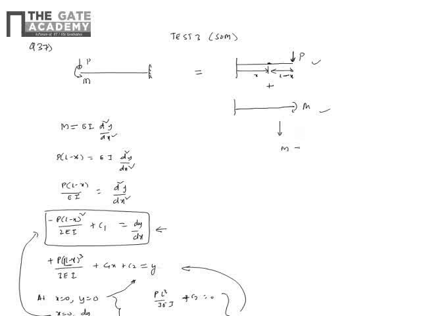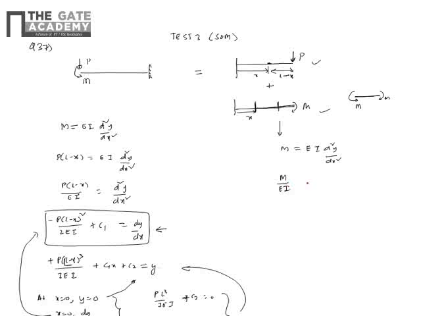M is at the free end, so when I apply this, the bending moment at any cross section x will be M. Just take the right hand side balance: at this cross section, if I take the entire right hand side, moment M is applied, so the bending moment here has to be M everywhere. The bending moment is constant throughout, so we need to just integrate this.